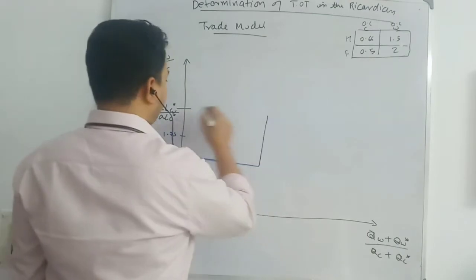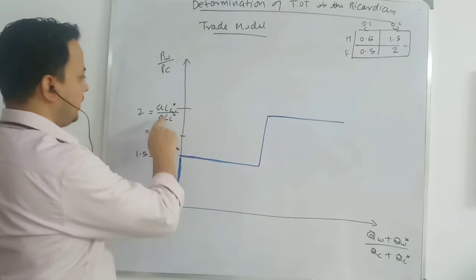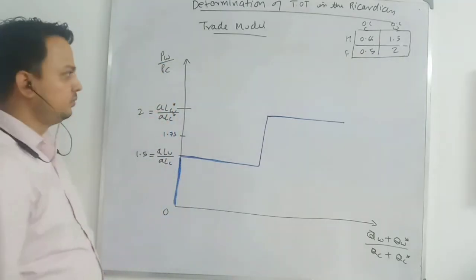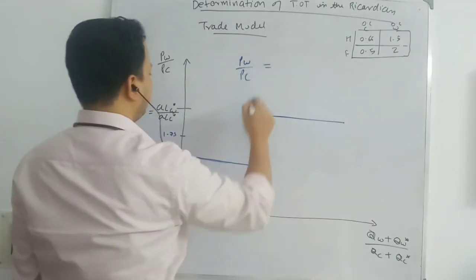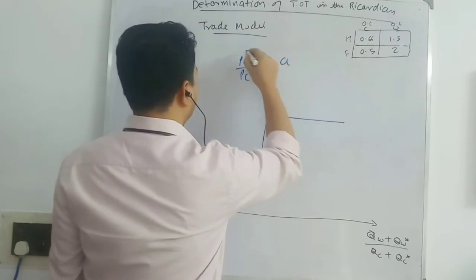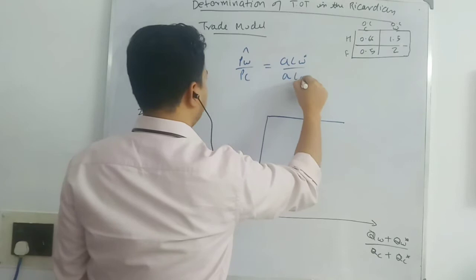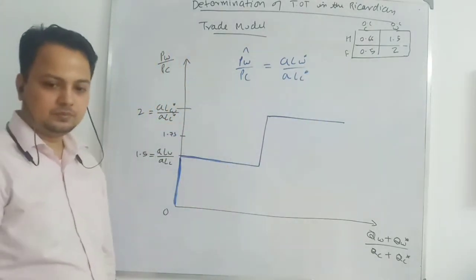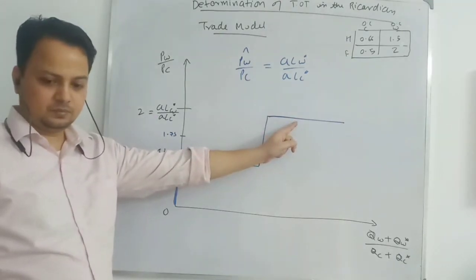Now suppose this is a step function. If your terms of trade come out to be aLW star over aLC star, just put a hat for terms of trade, then what will happen in the foreign country? Foreign country will produce both goods, right? Yes or no?